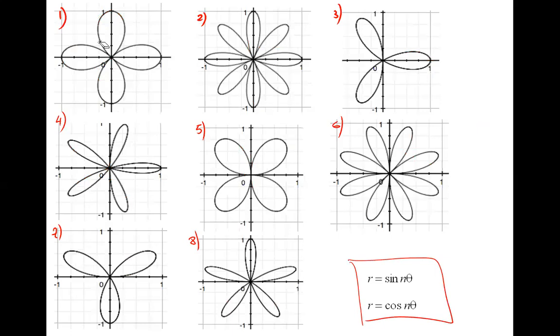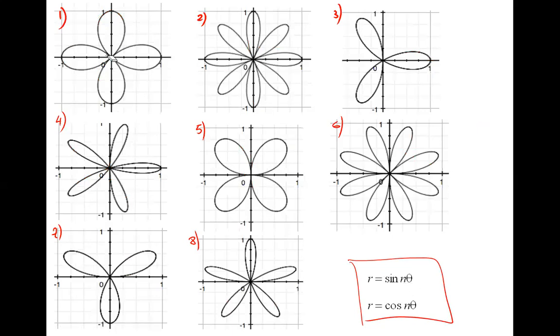Okay, that means all of them have these formulas, sine of n theta or cosine of n theta. Let's now, first of all, distinguish the difference between sine and cosine. You probably remember, right? Sine at 0 and sine at 180 is 0.